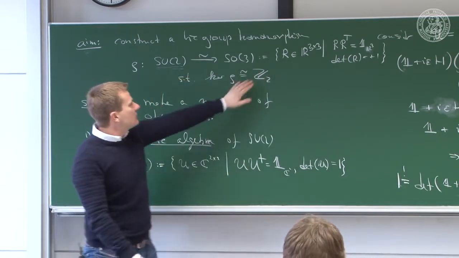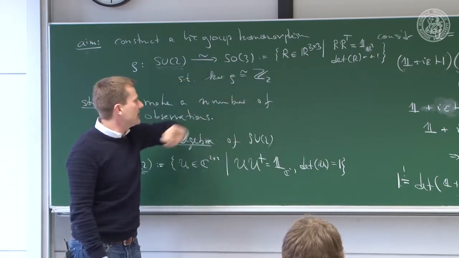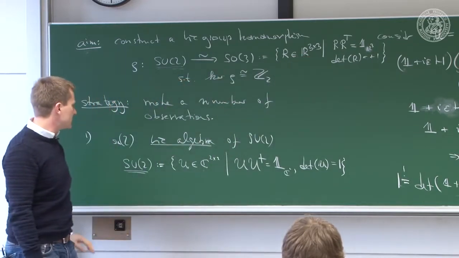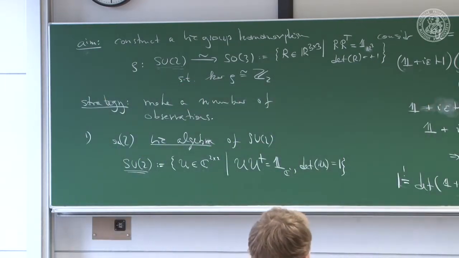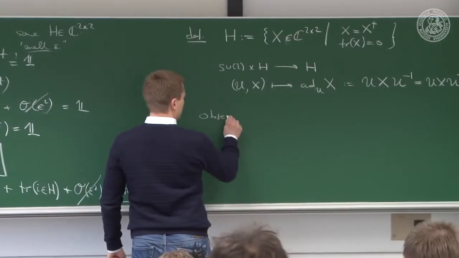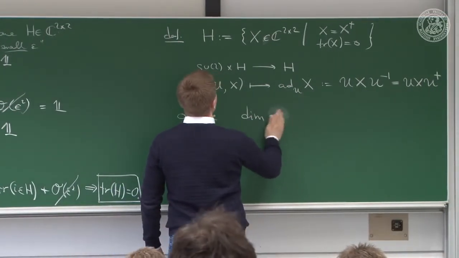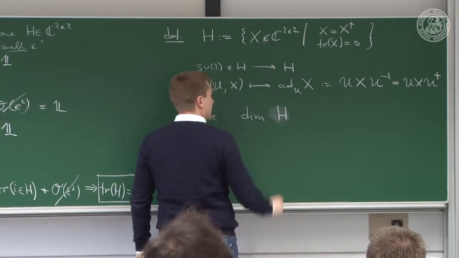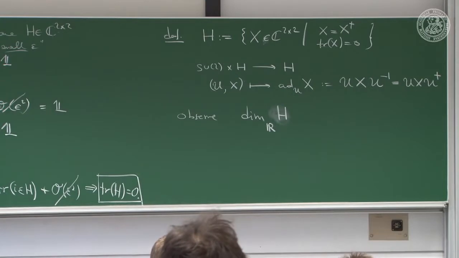But the trick is you can take the representation space R3 of SO3, the defining representation space, and compare it to this Lie algebra, because how many dimensions does this Lie algebra have? Well, the dimension of this H, as a real vector space, is 3.